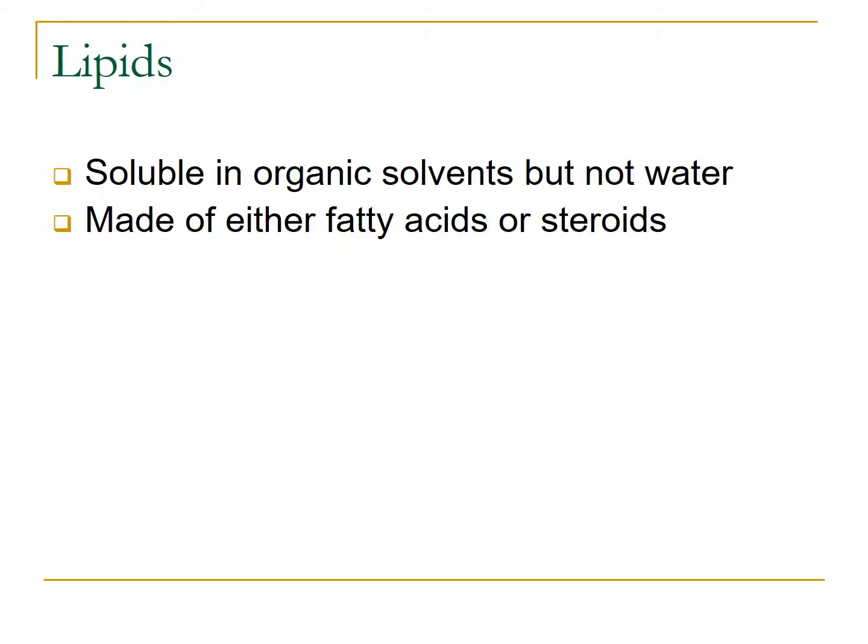And then a second class of lipids are called steroids, which are made up of cyclic hydrocarbons, hydrocarbons with hexagons and pentagons, and the steroid molecules have a specific function in the body as well, as we'll see.